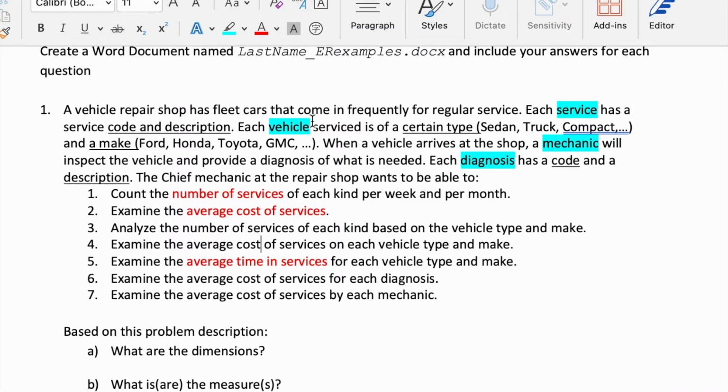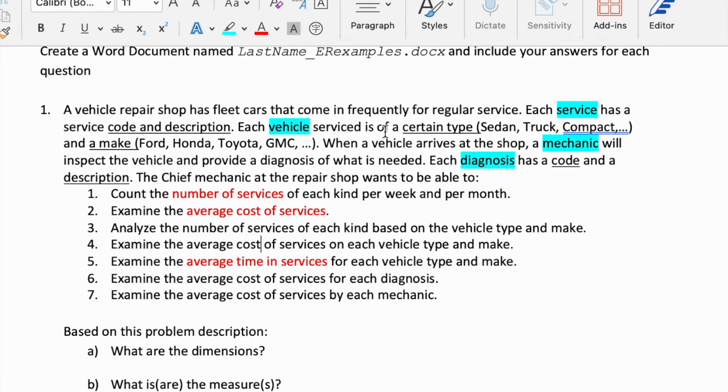So dimensions could include service, vehicle, mechanic, diagnosis, right? Under each dimension table, we might also have several different attributes. For service, the attributes include code and description. For the vehicle, it would be different type and different make.